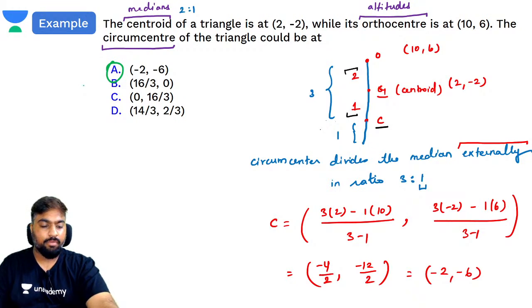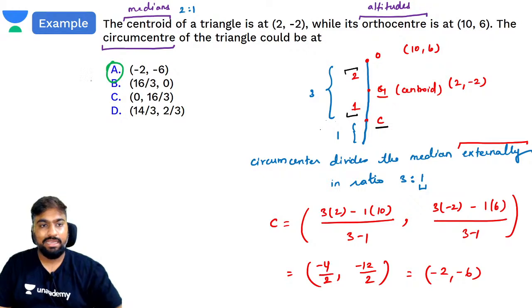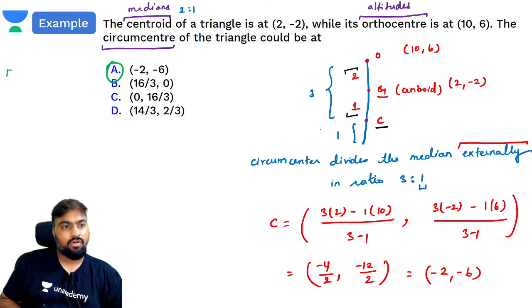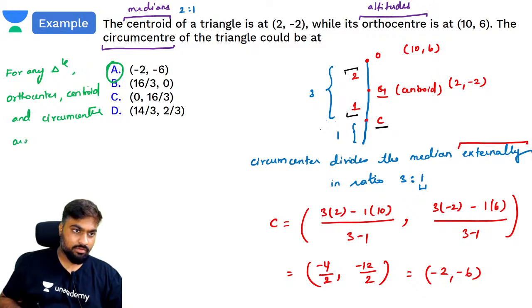So the property that you learned here is for any triangle, not just for a specific triangle, for any given triangle: the orthocenter, centroid and circumcenter are collinear.